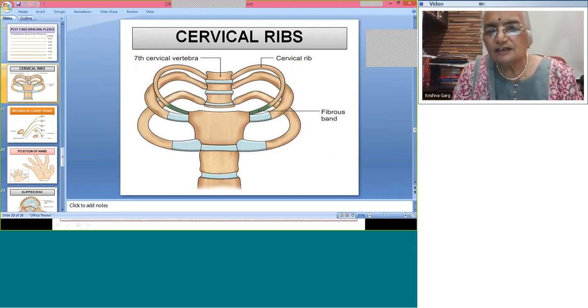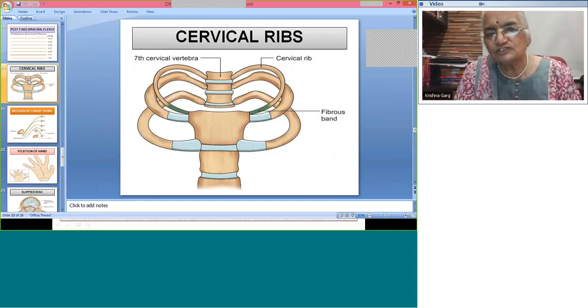Now we come to the cervical rib. Cervical rib is not normally present. It is present in 0.5% of cases. The costal element of thoracic 1, 2 and the lower vertebrae gets enlarged to form the ribs.